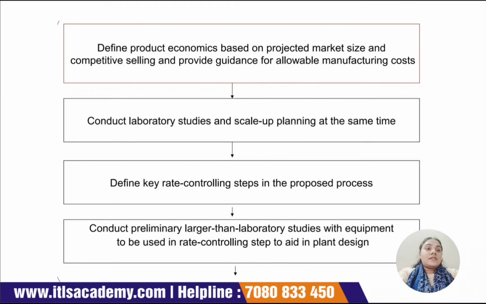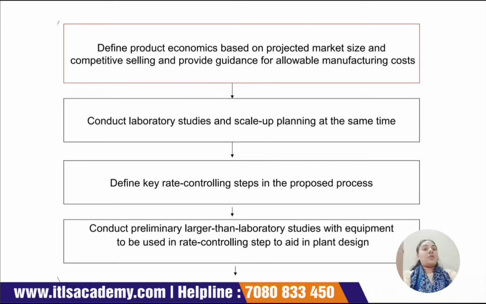Then the first step is to define the product economics based on the projected market size and competitive selling, and providing guidance for allowable manufacturing cost. Whenever you want to build or manufacture any product, the first step is to have a full knowledge of product economics.